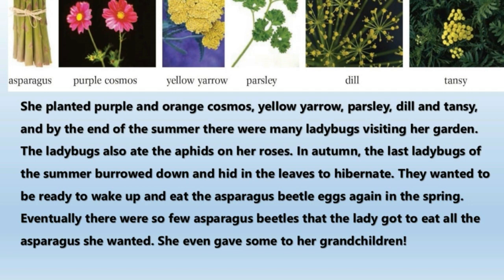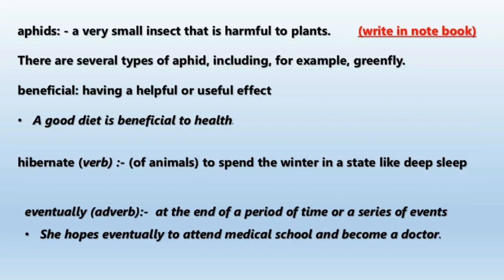They wanted to be ready to wake up and eat the asparagus beetle eggs again in the spring. Eventually, there were so few asparagus beetles that the lady got to eat all the asparagus she wanted. She even gave some to her grandchildren.